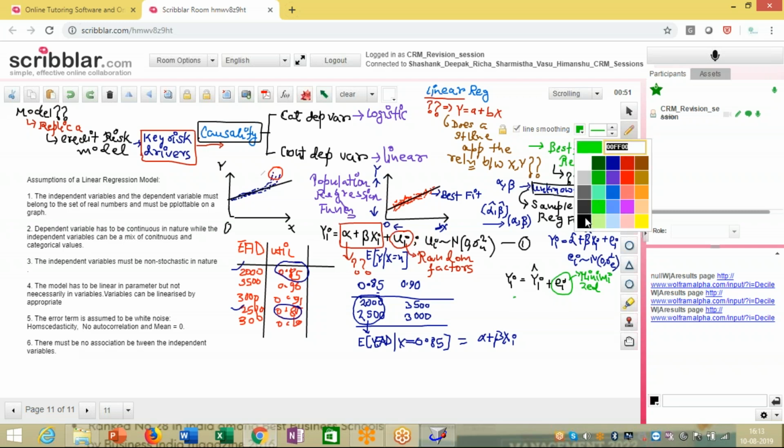The error ei is nothing but the difference between yi and yi hat. So our objective now is to minimize the error. The question that again comes out over here is, how is the error minimized?